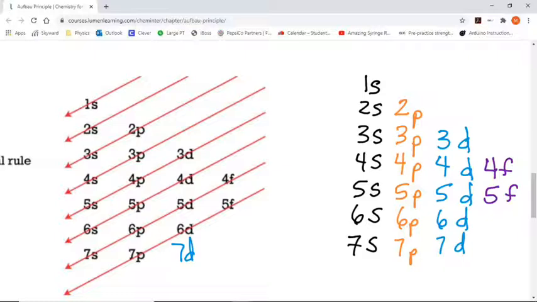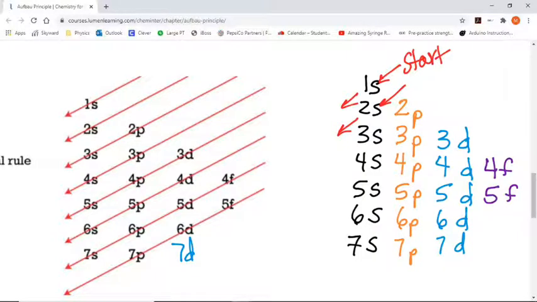So if you were to recreate this on your test, that's a good starting point. And then you can see the red lines that they have going. I'm just going to put start right here. And we go through 1S. Come back up, 2S.